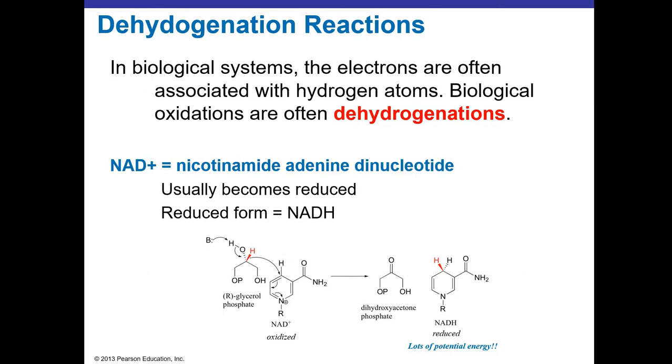So dehydrogenations are very important. These are the biological oxidations, and NAD is going to be a vital coenzyme that's going to help us capture a lot of that energy. So NAD positive, the oxidized form, again, is going to be willing to accept those hydrogens. And now as the reduced form, NADH, it actually contains lots of potential energy.